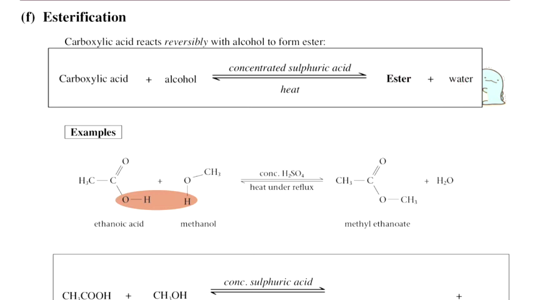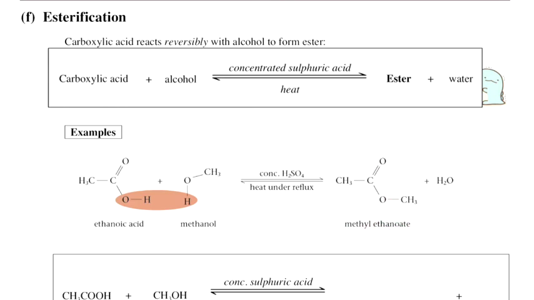Take a look at the example here. On the left hand side we have the ethanoic acid. On the right hand side we have the methanol. For the ethanoic acid together with the methanol, you can see we will be able to remove one water from these two molecules so that they join together as an ester, which is methyl ethanoate.